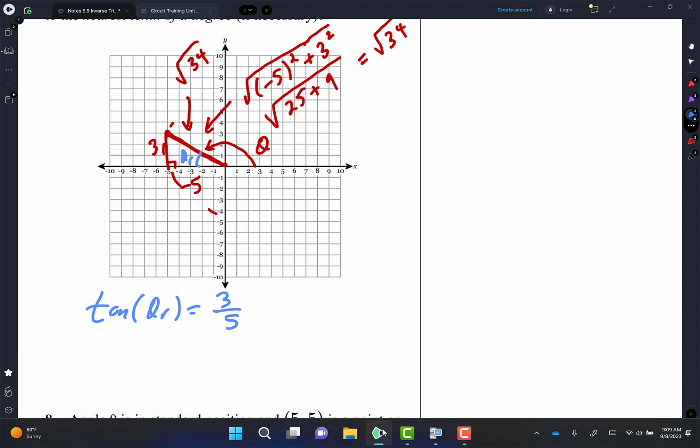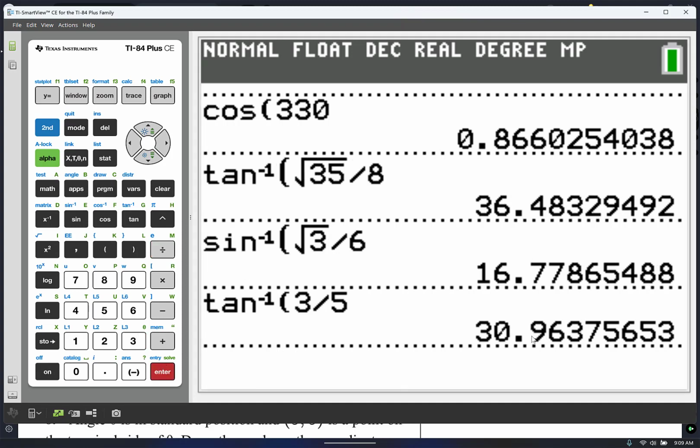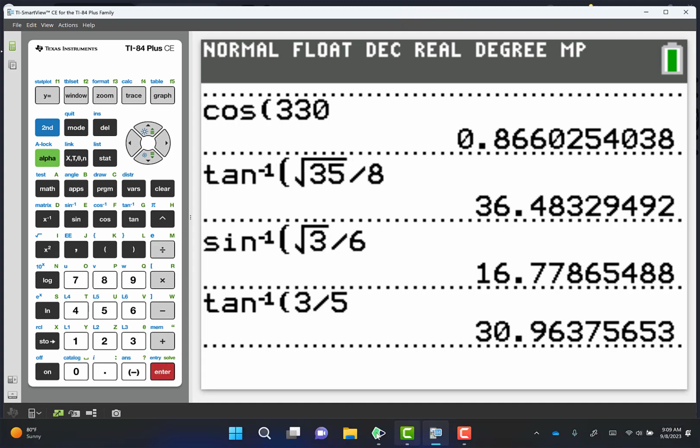Notice that I put reference angle. The reference angle is never negative, so I didn't put the negative in there. Theta r is equal to arctan of 3/5. So I take my calculator and I go second arctan of 3/5. And this is my reference angle, and we can round that to 31 degrees.